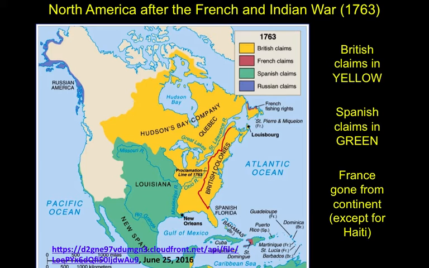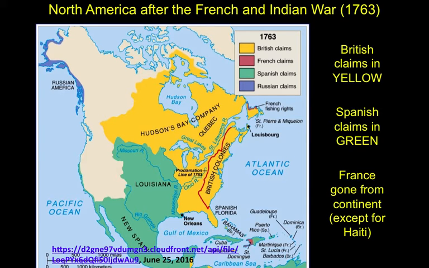Before we examine the taxes passed by Britain in 1764 and 5, let us analyze another way that Britain attempted to exert control over its colonies in 1763. As the name of the war implies, the French and Indian War was fought by French and Indians as well as the British.